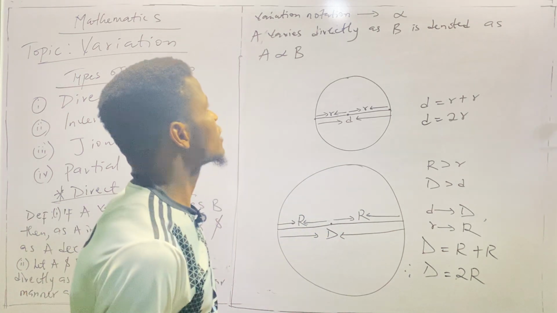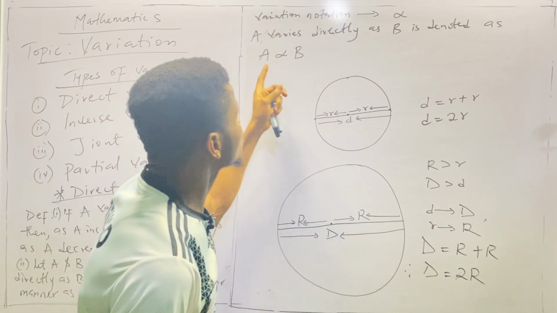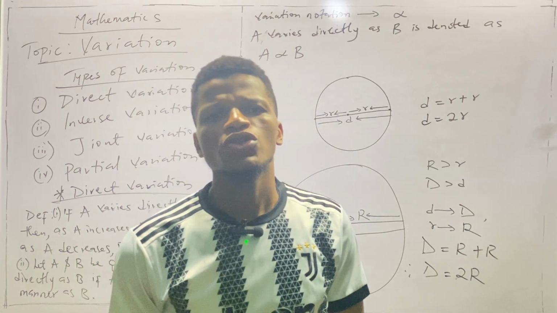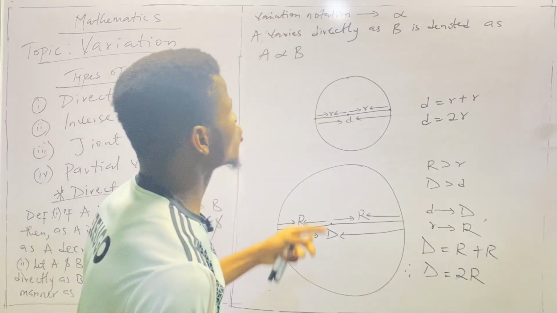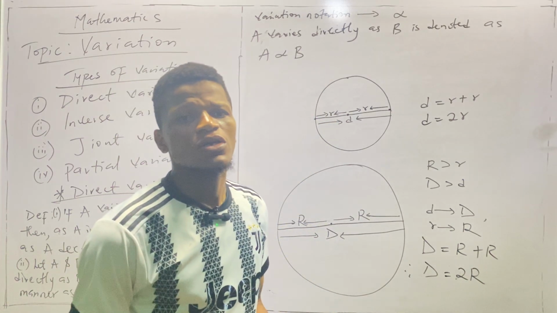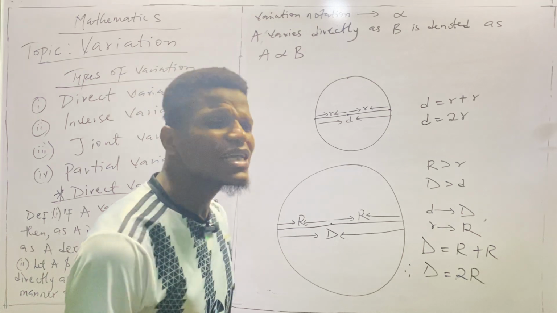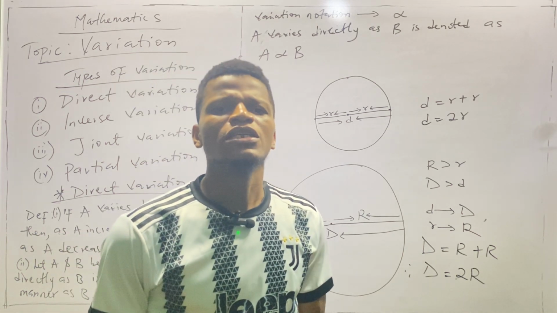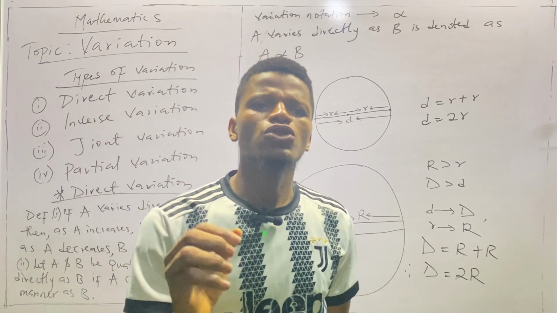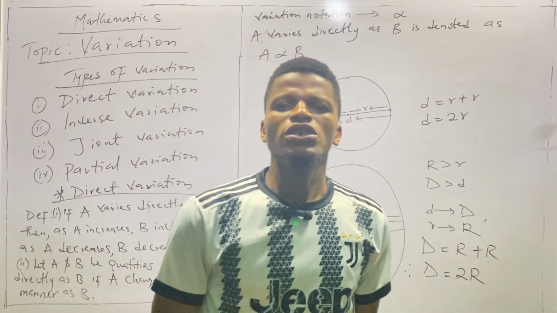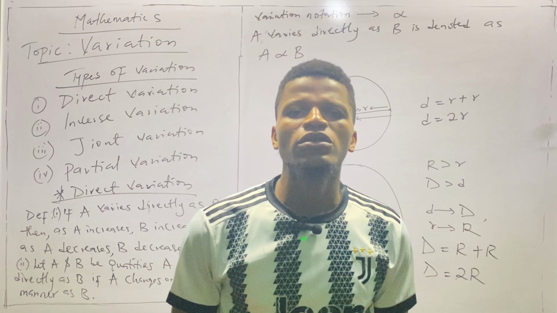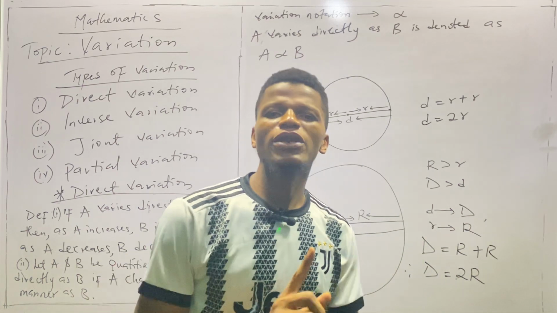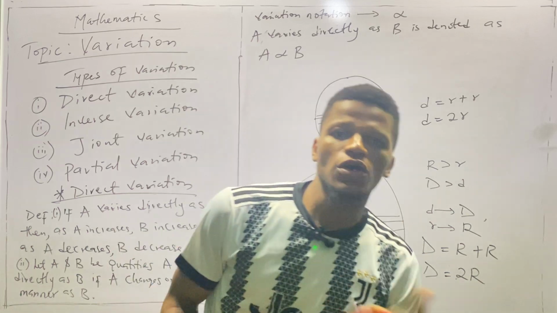Now, how do we do that? We already know that as a quantity varies as another doesn't mean that they are equal. So how do we create an equality between the quantities? Now, the question will be answered easily if we understand that for a quantity to be equal to another quantity, if they are not equal actually, then that means we can introduce some constant whereby if you multiply it to one, it will give you the other.